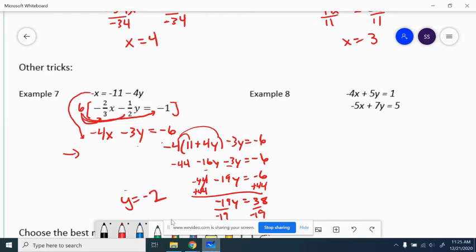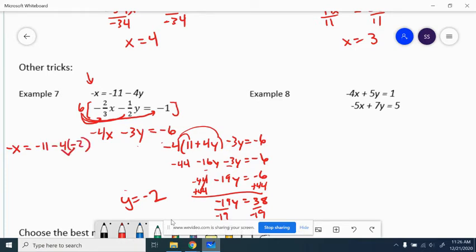All right, now I just have to substitute the y back into one of the original equations. So I'm going to go ahead and pick the top one here. We've got negative x is equal to negative 11 minus 4 times y, which we now know is negative 2, and solve this out.